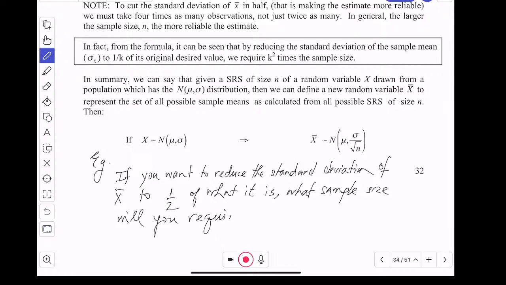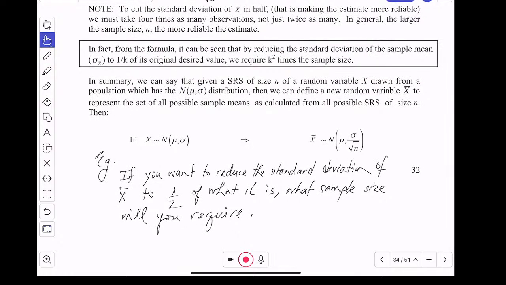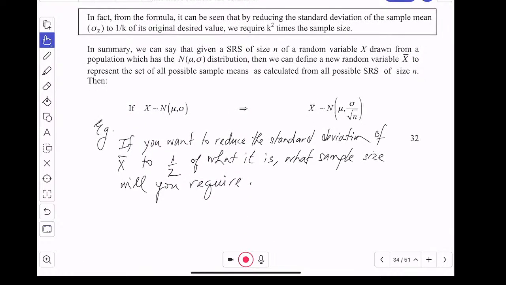So what sample size would you require to reduce your standard deviation by half? If you want to reduce the standard deviation of x bar to 1/2 of what it is, what sample size will you require?